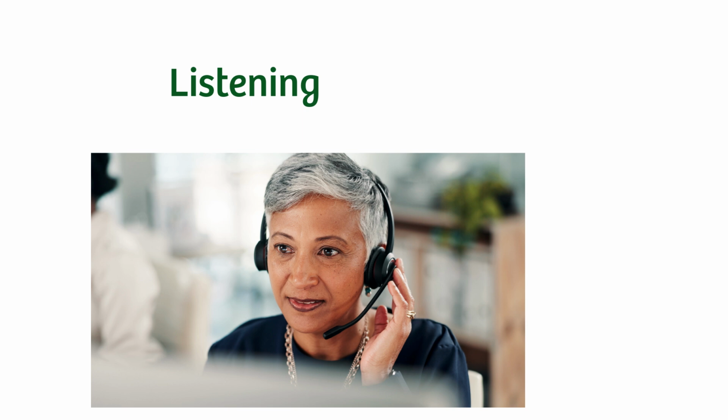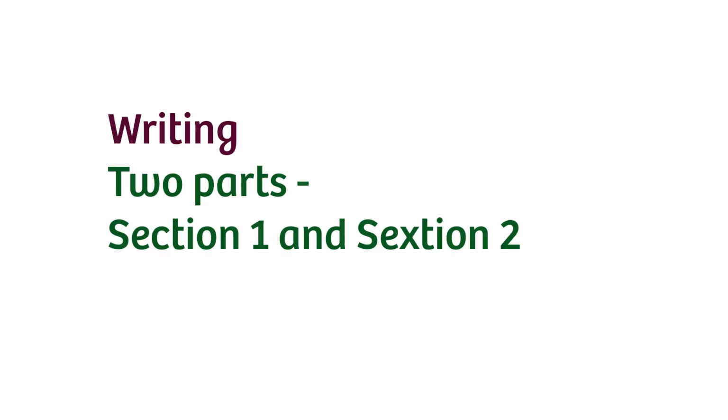Then the next section, the third section, is writing. This is also very important because when you're writing, you can't write the way you want. In IELTS, there are different types of writing styles. Most probably there are 4 to 5 types of writing.